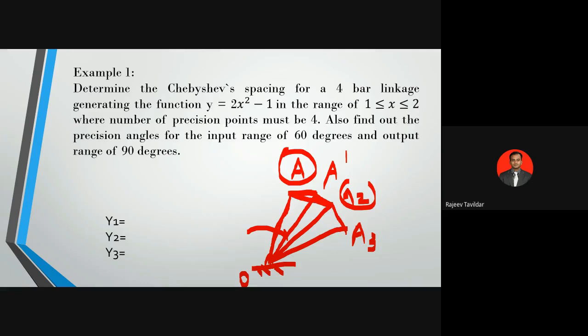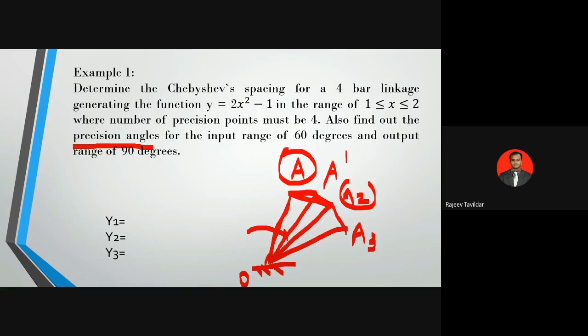So far we have done this step, finding out x1, x2, and x3, and so on. Now in this problem, what I'm asking is not this linear distance. I'm asking you to find out the angle of A1 with respect to A and angle of A2 with respect to A. So these angles, we are going to term as precision angles.